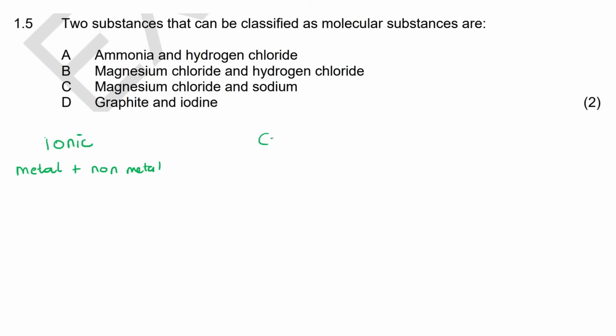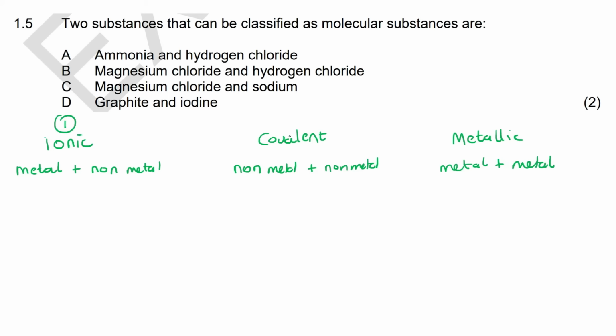Then we've looked at covalent bonding, and that is when you have a non-metal plus another non-metal, or you could have multiple non-metals. Then we get metallic, which is where you have a metal plus another metal. Now, each of these different things, so ionic number 1, covalent number 2, and metallic number 3, have different structures when they bond.